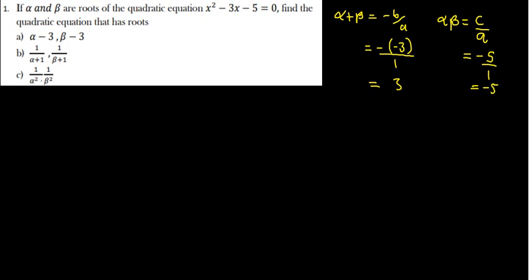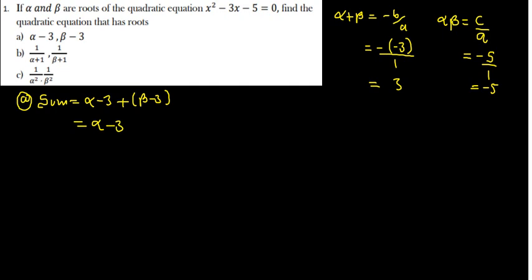Now I want to find the equation that has the roots alpha minus 3 and beta minus 3. How do you do it? That is for part 1. The first thing is we need to find the sum of the two roots we have been given. The sum is alpha minus 3 plus beta minus 3.